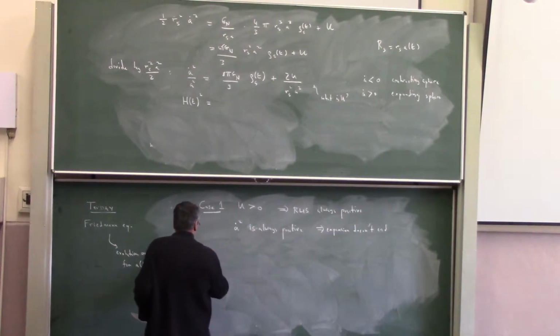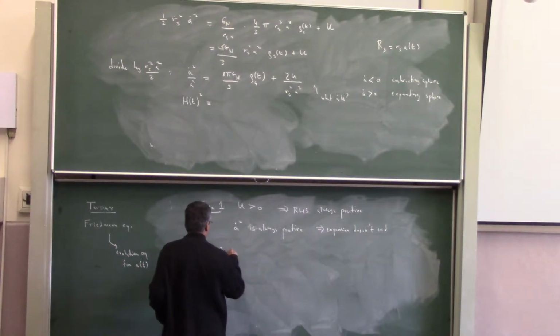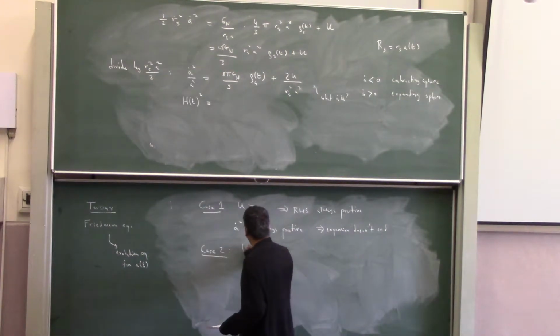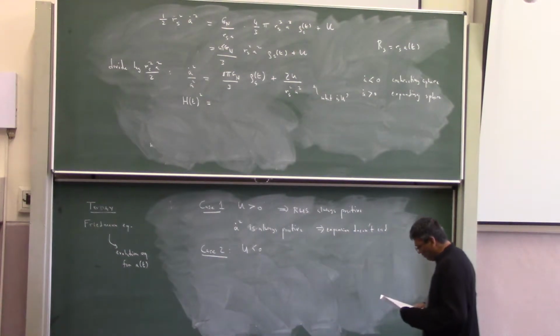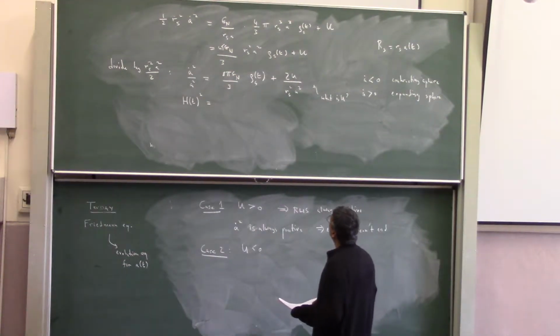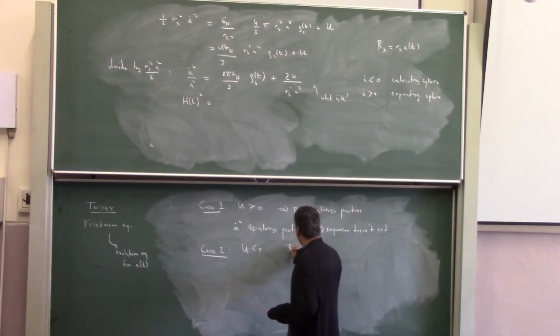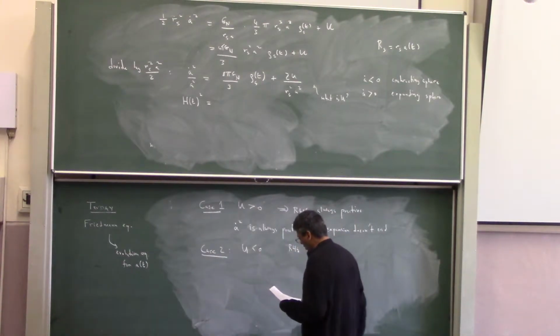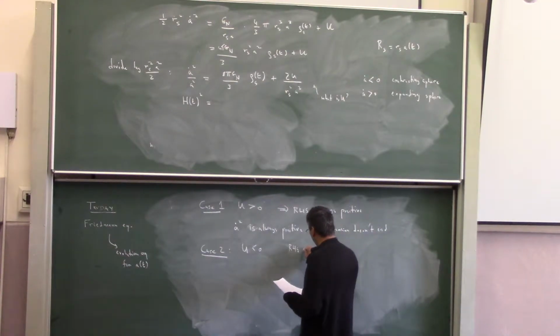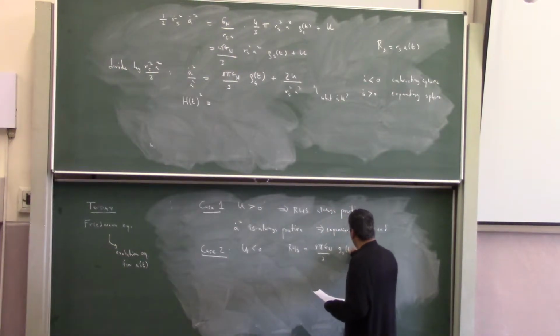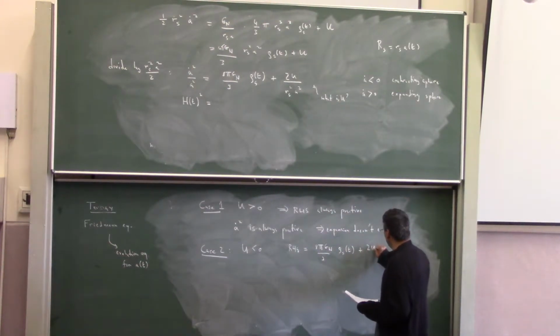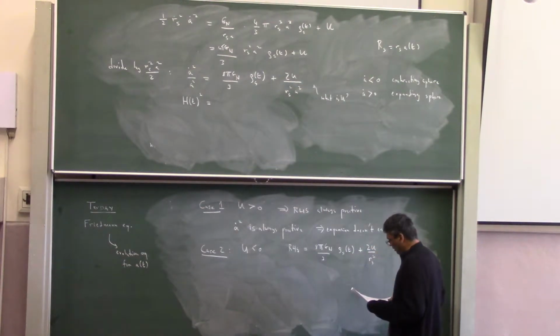Okay, let's look at case 2. Case 2 is that u is negative. So if u is negative, the right-hand side is 8 pi G Newton over 3 rho s of t plus 2u over Rs squared times 1 over A squared.